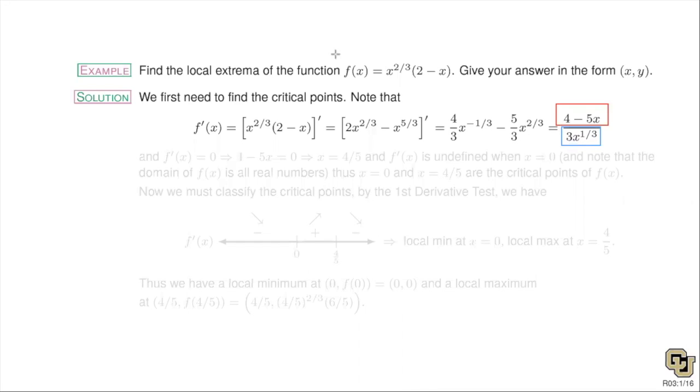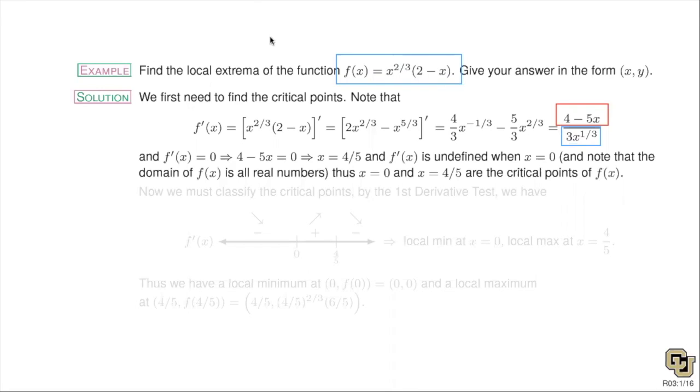And here, if you look at the original function, the domain is all reals. That's x squared, and then we're taking a cube root. So here, there's no issue. The domain is all reals. So the numbers 0 and 4/5 turn out to be critical points here. 4/5 makes the derivative 0, and 0 makes the derivative undefined.